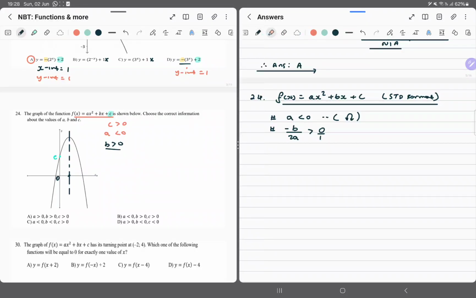Now, there's something that we know. We know that the a value is negative. So this means this entire expression here is negative. So a negative divided by negative is positive. So that means b over 2a is greater than 0 over 1. Then we can cross multiply. Now remember, this has been transformed now into a positive thing.